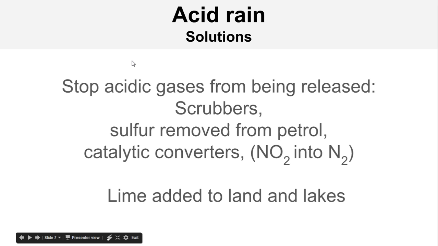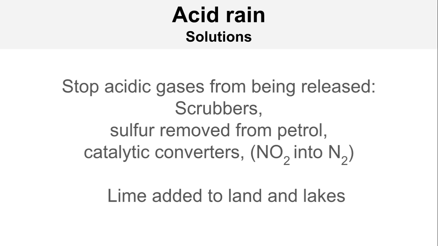The acidic gases are treated with an alkaline like sodium hydroxide. And when acid and alkaline react with each other, they form a salt, in a neutralization reaction. So we are not going to have acidic gases going out, but we're going to have water vapor.